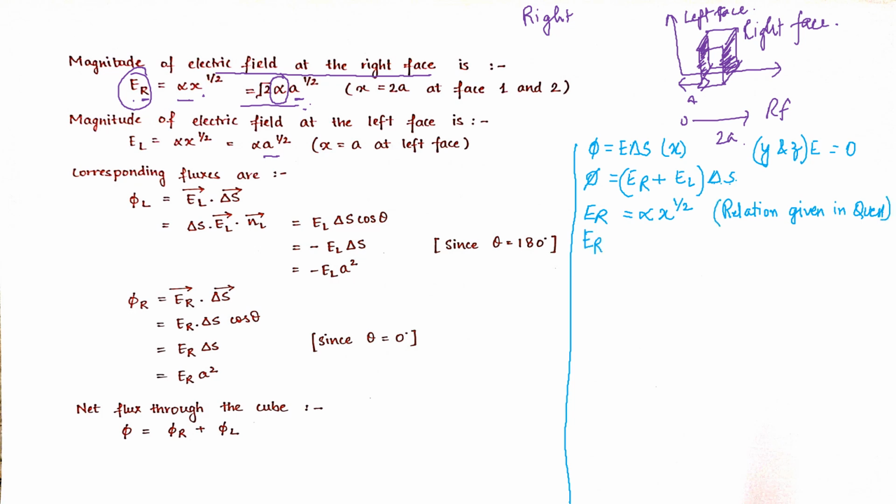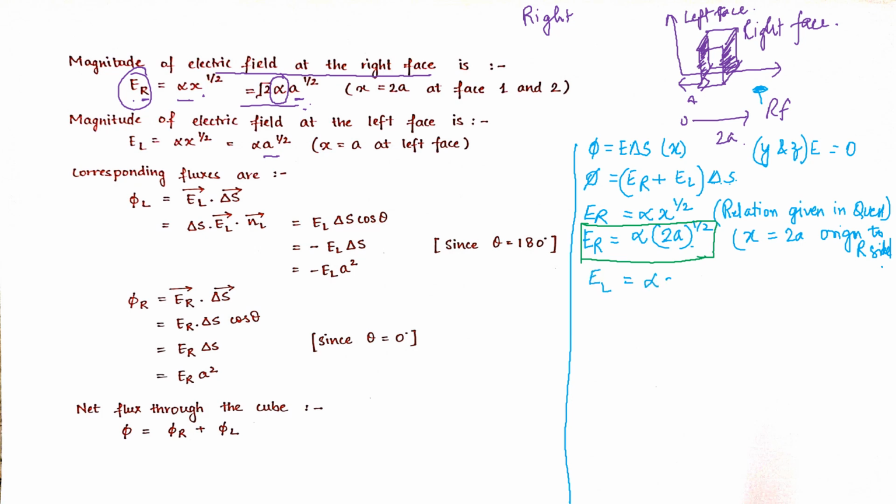Then E right will be equal to alpha into 2a to the power 1 by 2. Here x equals 2a, that is the distance from origin to the right side. I explained this, right? So it is 2a. This is our first equation. We will keep it in a box. Now we will define E at our left face.